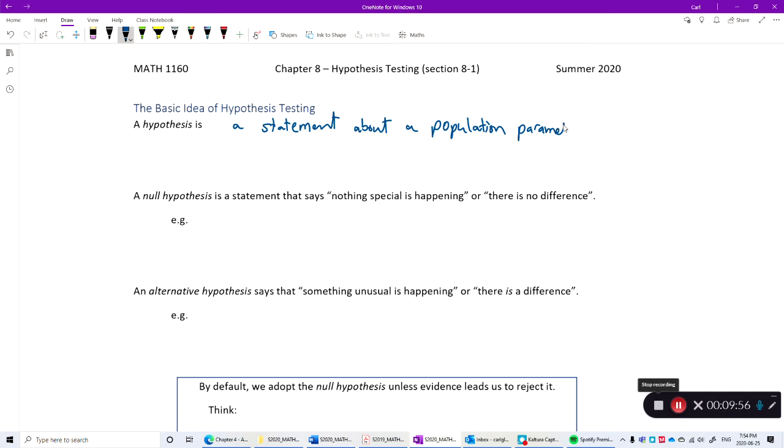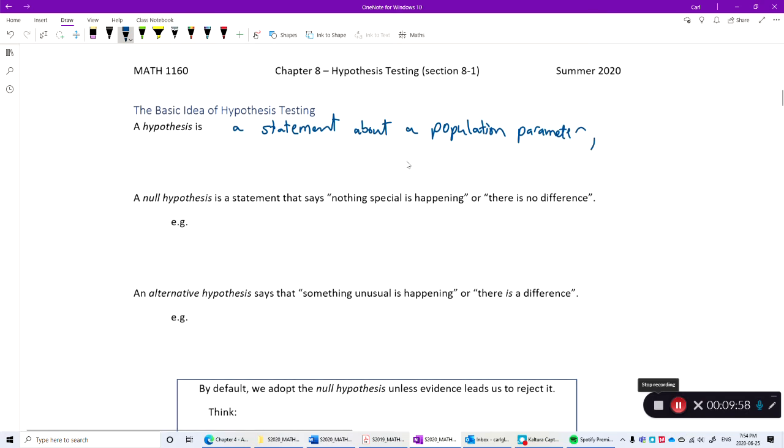Such as p, it could be mu. It can also be p1 minus p2. Maybe we have two populations and we're comparing the proportion of the two populations. Or it could be mu1 minus mu2. We have two populations and we're comparing the mean value of something, their mean income.